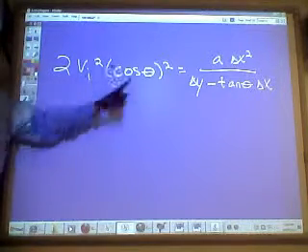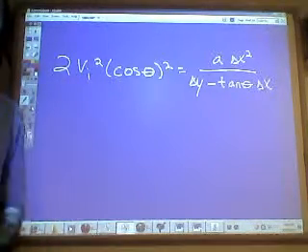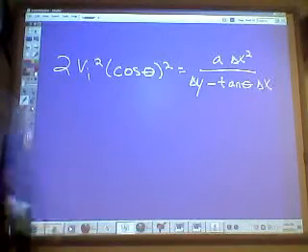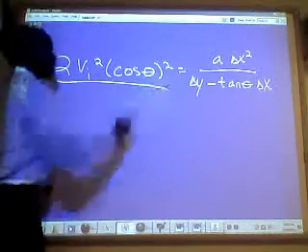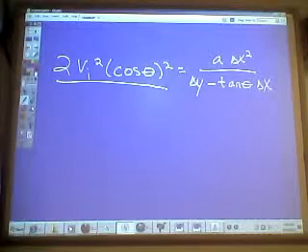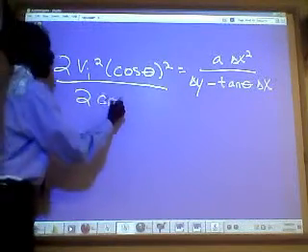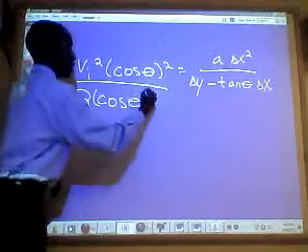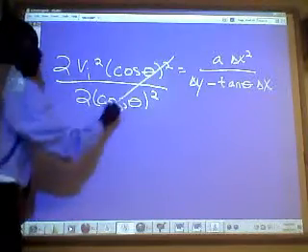Everything over here is multiplied times each other, so to separate them, I divide. I can divide this whole side by 2 cosine theta squared. This cancels.